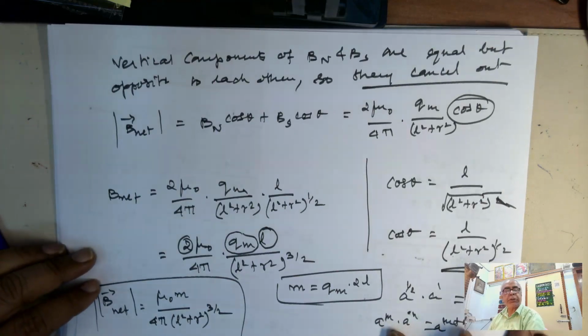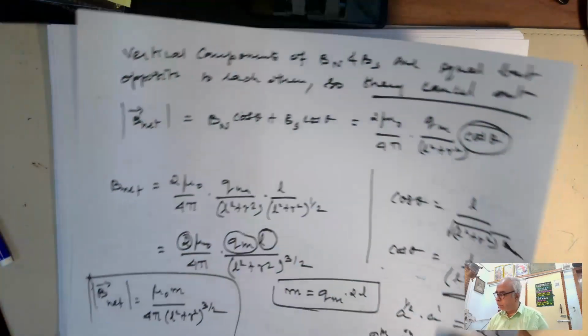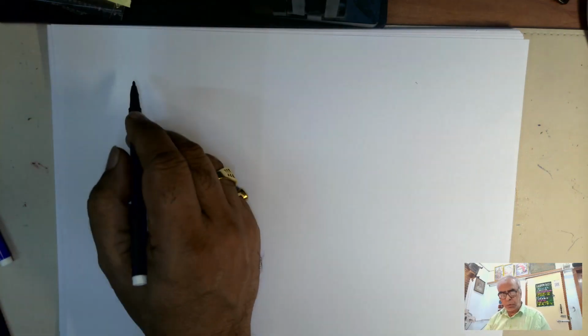Now the direction of the B is anti-parallel. I was talking about the anti-parallel concept.